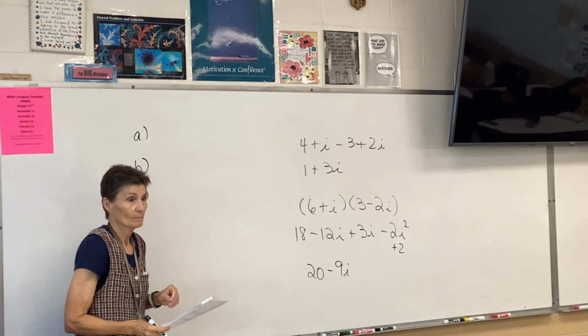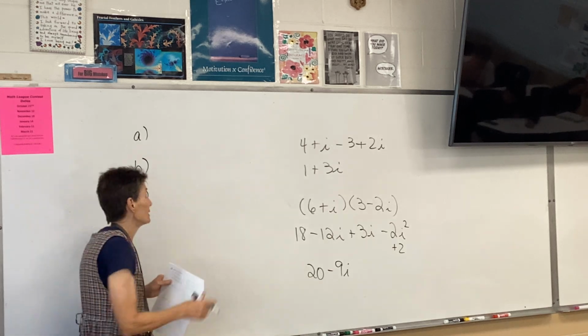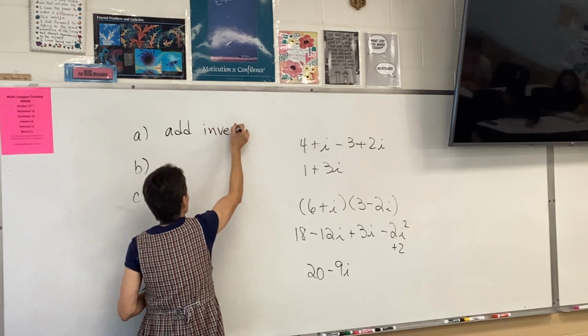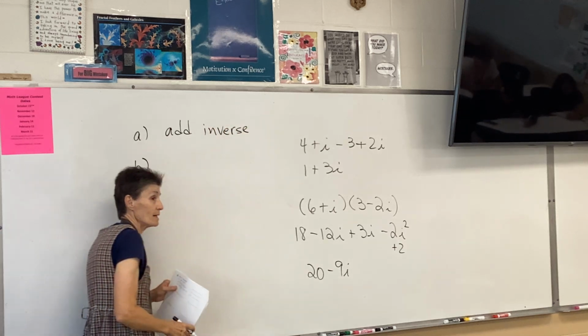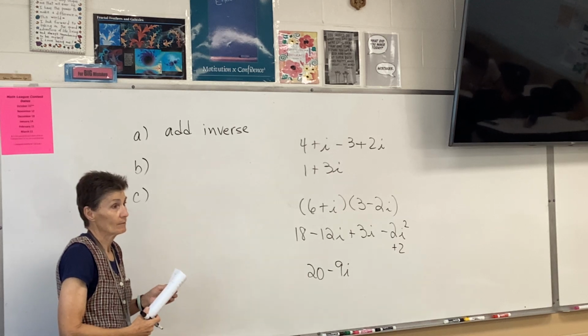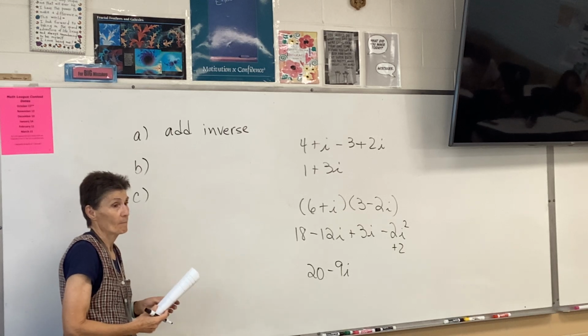So Derek, is the first one additive inverse? It is. Additive inverse. That's exactly right. When you add them and they cancel out, that's an inverse. Perfect. Beautiful. All right, who else?